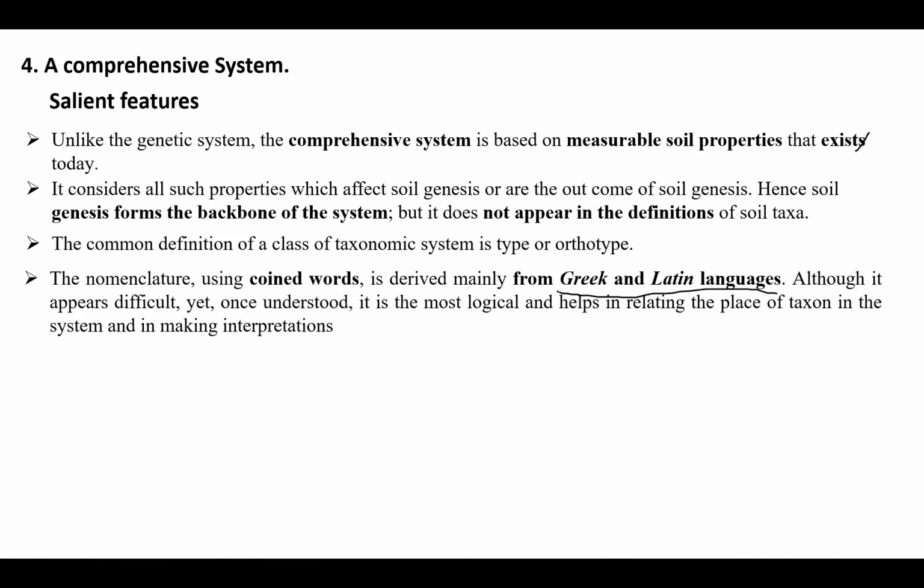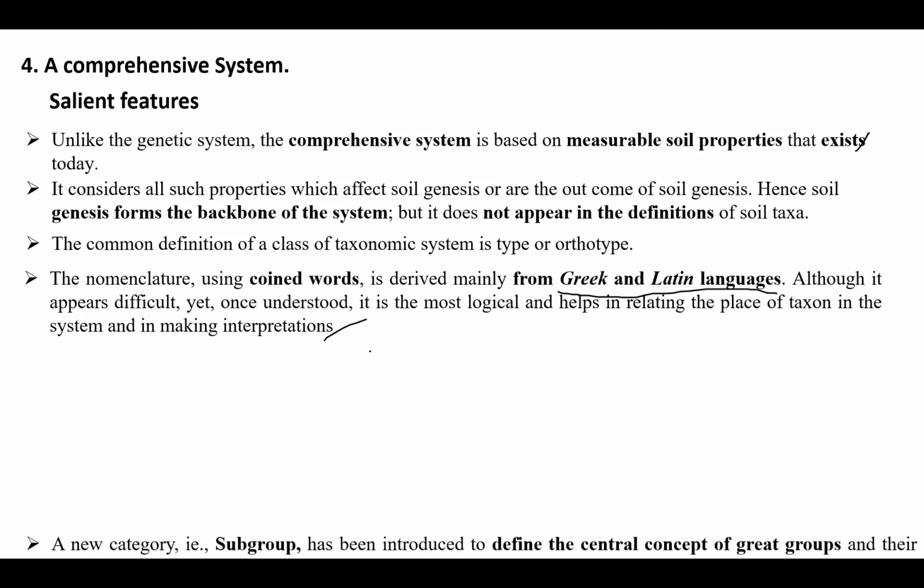Although it appears very difficult, once understood, it is most logical and helps in placing the taxa in the system and making interpretations. It is a very flexible language, taking words from Greek and Latin. Initially it looks very difficult, but slowly we can make good interpretations about those terminologies.